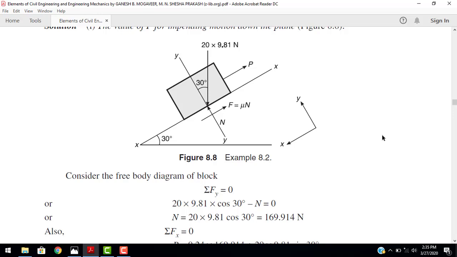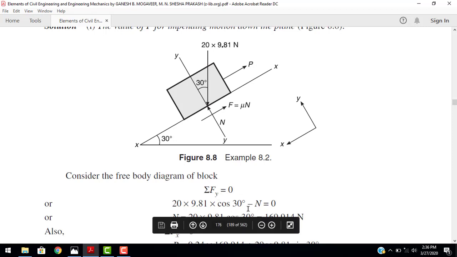Now let us apply the condition of equilibrium along the y-axis, that is, sigma Fy equal to 0. The forces acting in the vertical direction are, first, the self weight 20 into 9.81, which is inclined at 30 degrees, so its vertical component will be 20 into 9.81 into cos 30 degrees. The next force is the normal reaction, which acts in the upward direction, and he is taking this as negative.